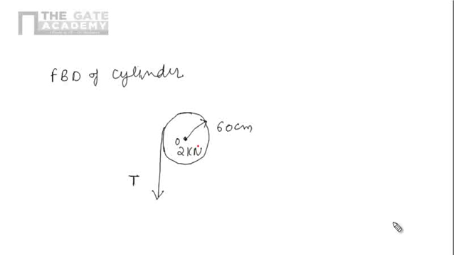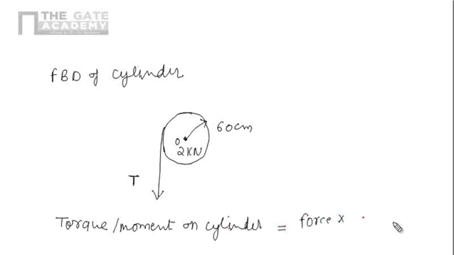But for the angular impulse momentum equation for the cylinder, we require the torque and the moment of inertia. So the torque applied, or we can say the moment on the cylinder, is nothing but force into perpendicular distance.